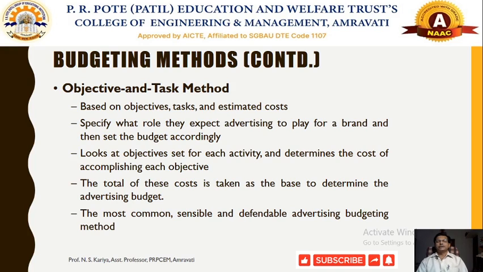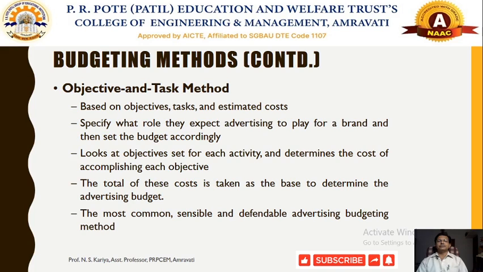So in the objective and task method, whatever objective an individual task would be likely to attain, we allocate some amount of money for it, and finally we calculate the total advertisement budget.